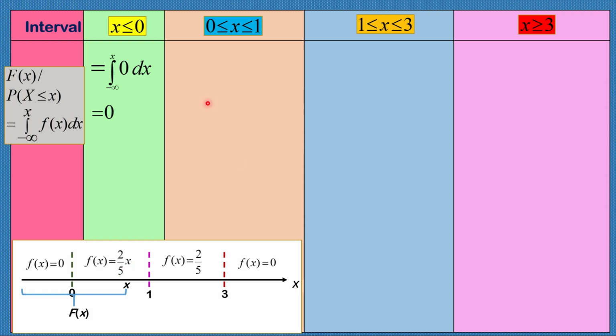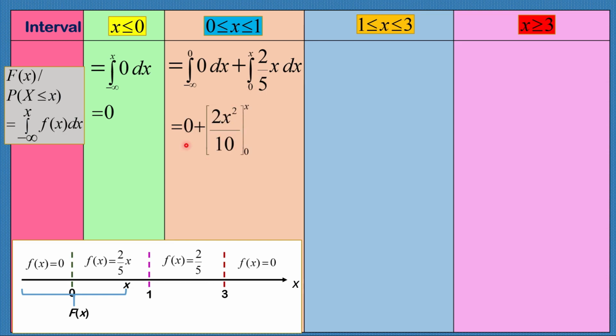So the cumulative distribution function is equal to the integration from negative infinity to 0 of the function 0, plus the integration from 0 to x of the function 2 over 5 x. Then this is the result after integrating. So the function is x squared over 5.